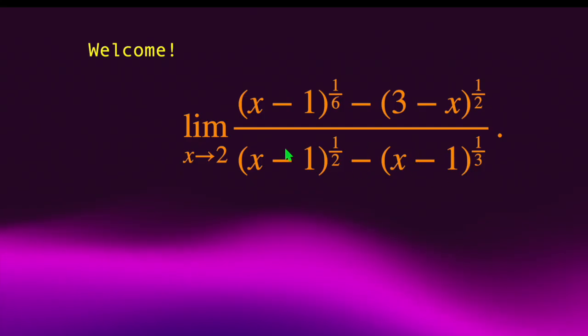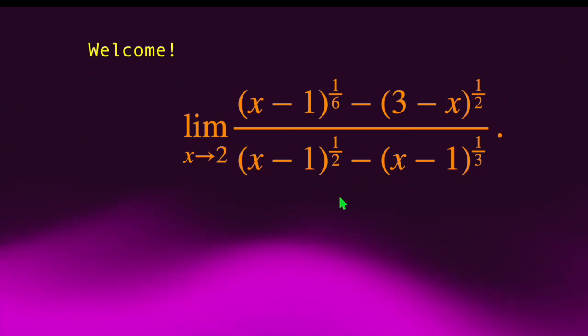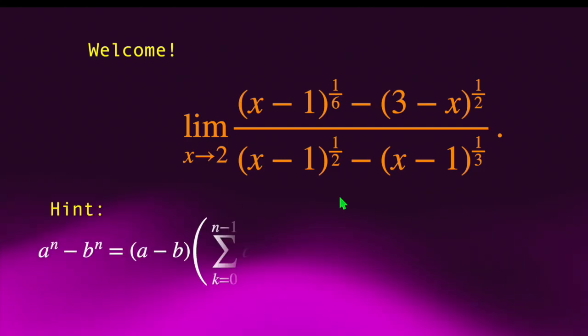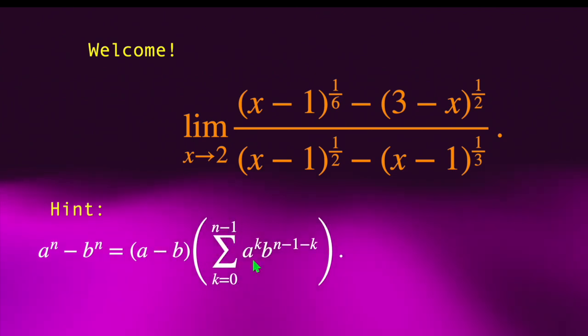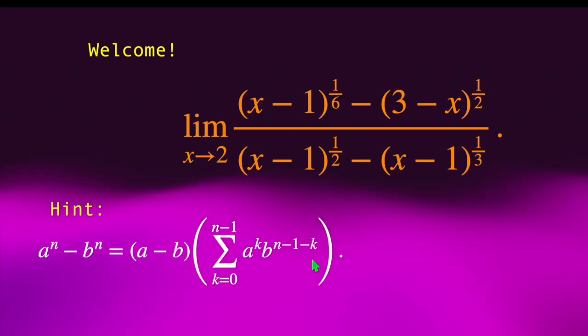We will see how to do this, and it's based on a formula, an algebraic identity: a power n minus b power n equals a minus b times the sum from k equal 0 to n minus 1 of a^k b^(n-1-k).